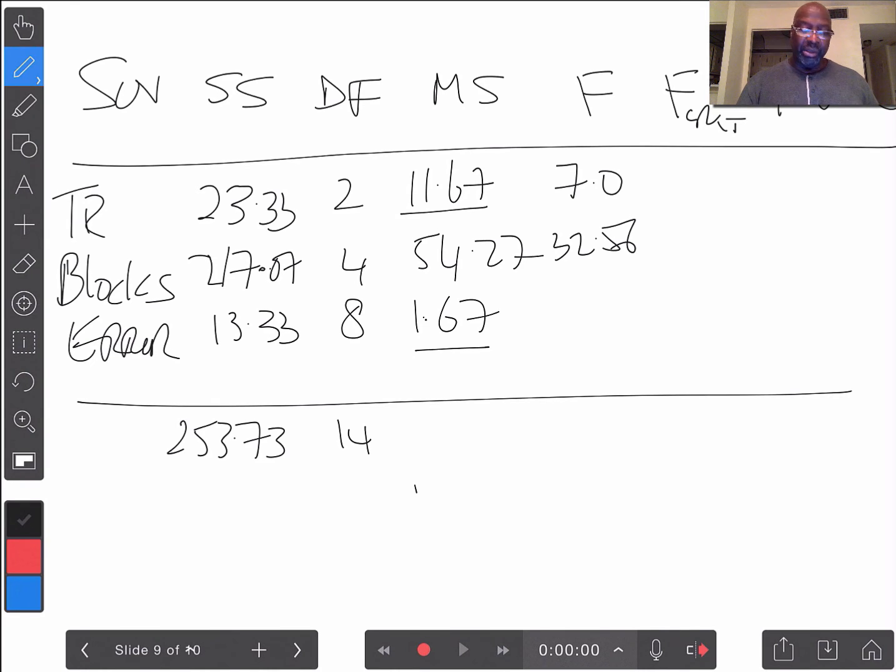The critical values: if we were testing just for treatments, with 2 and 8 degrees of freedom, we would have a critical value of 4.46. If we were testing for a difference between block means, we would use 4 degrees of freedom for blocks and 8 degrees of freedom for the error, and F.05,4,8 gives us 3.84 as our critical value.